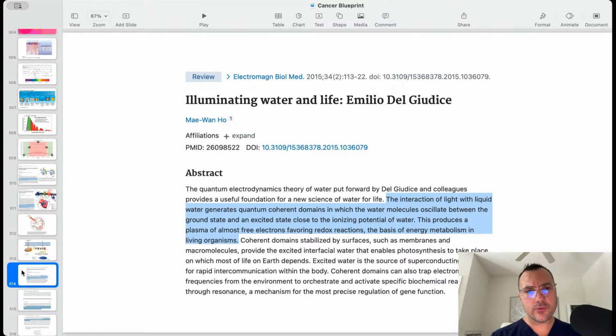So this is where I want to talk about the other things that light is able to do. And it takes us back a little bit towards water, okay? So this is a paper that was written by Mae-Wan Ho in 2015, who has passed away, as well as Emilio Del Giudice. He's also passed away.